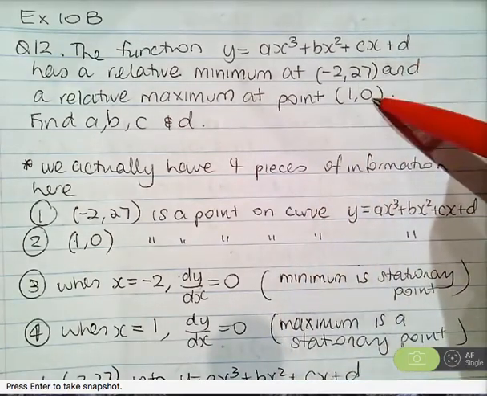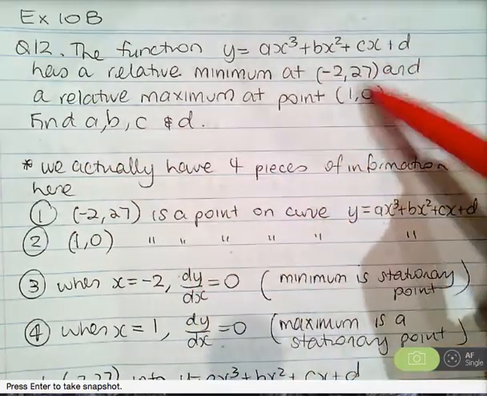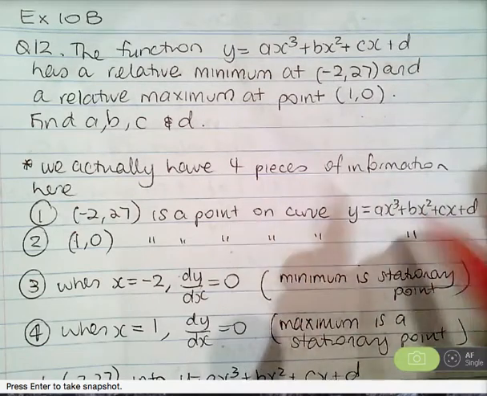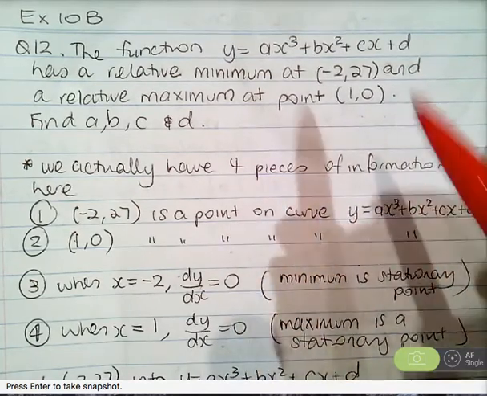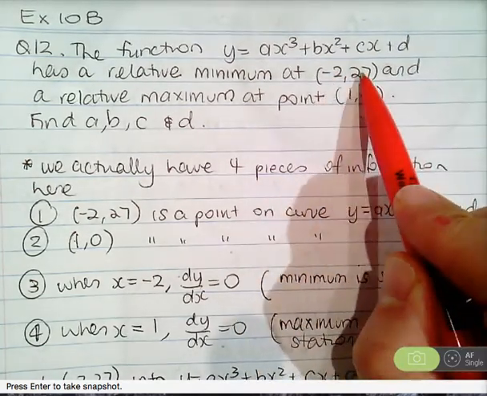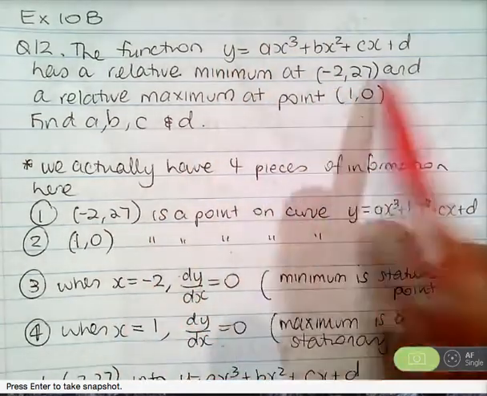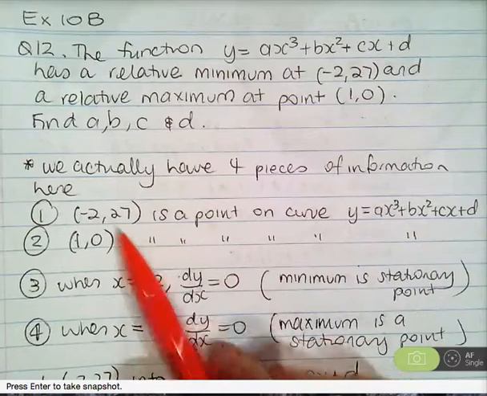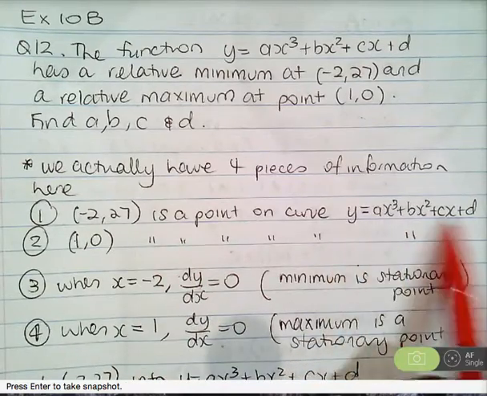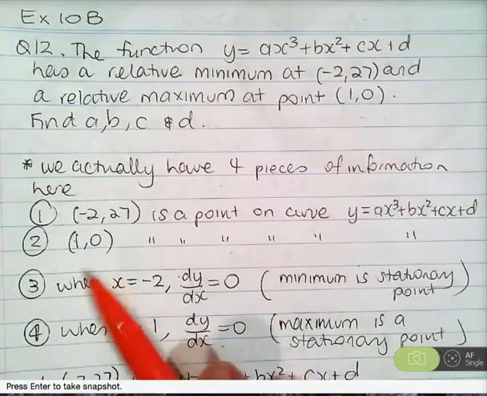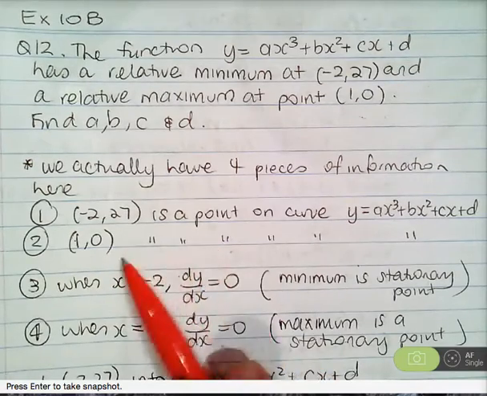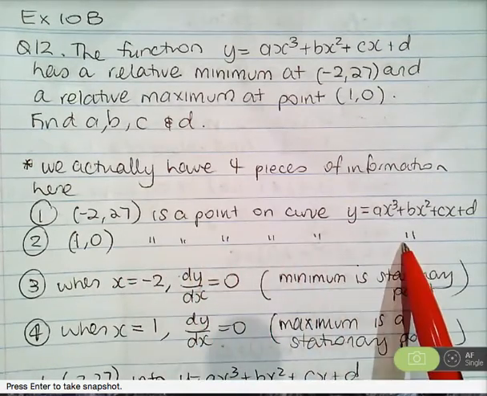Now, you might think that there are only two pieces of information given, but there are actually 4 pieces of information. You can substitute the point into the normal y curve. Because negative 2, 27 is a point on the curve, you can substitute it into the actual equation of the curve. 1, 0 is also a point on the curve, so you can substitute it into the equation.